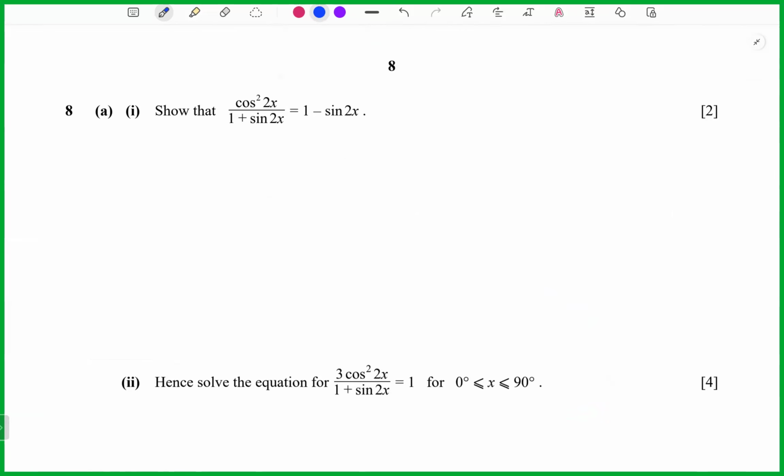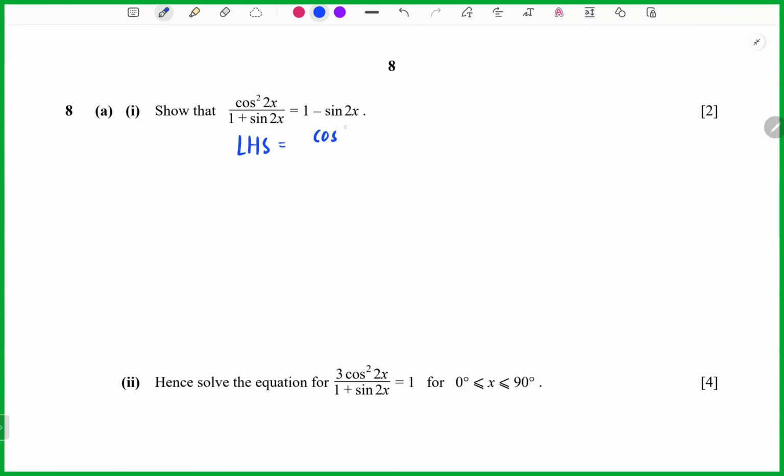Now we see question 8. Part 1: show that cos^2 2x over 1 plus sin 2x equals 1 minus sin 2x. So I can try to take the left hand side to solve.